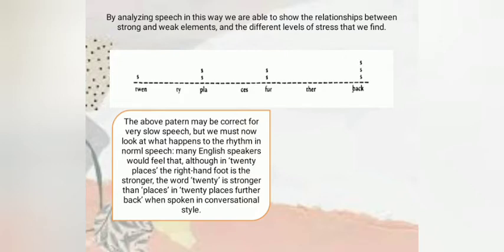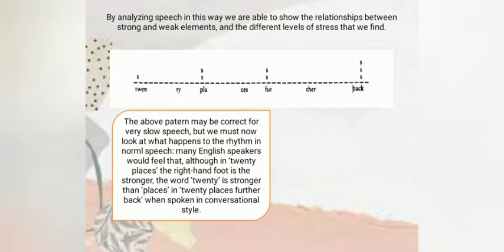By analyzing speech in this way, we are able to show the relationship between strong and weak elements and the different levels of stress that we find. You can see the picture at that PowerPoint. The above pattern may be correct for very slow speech, but we must now look at what happens to the rhythm in normal speech.